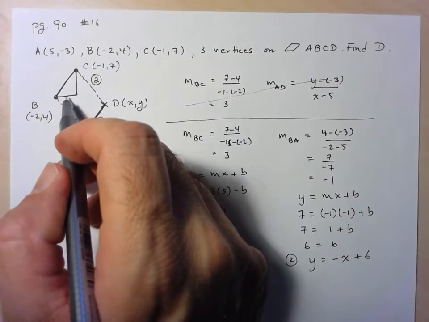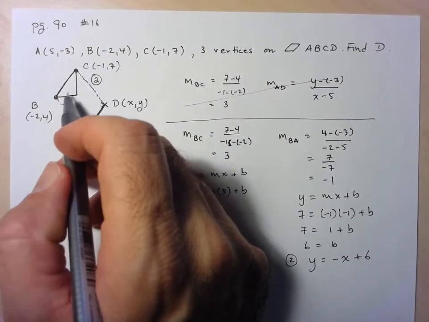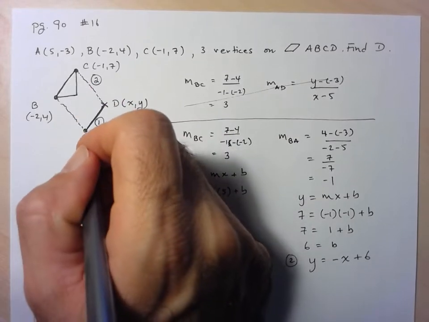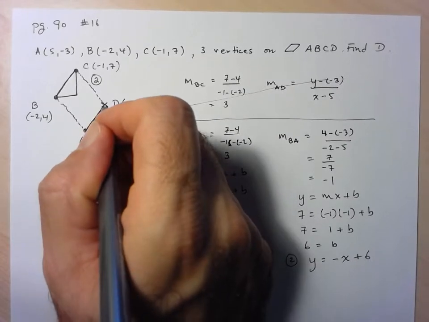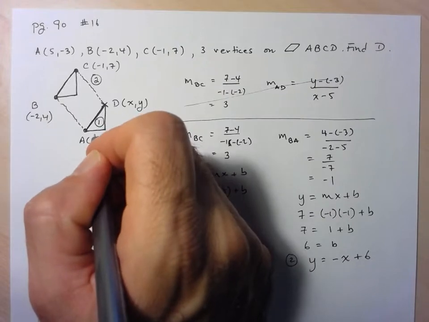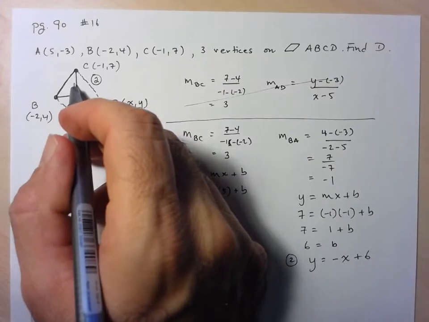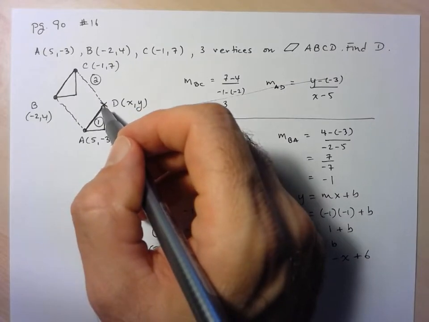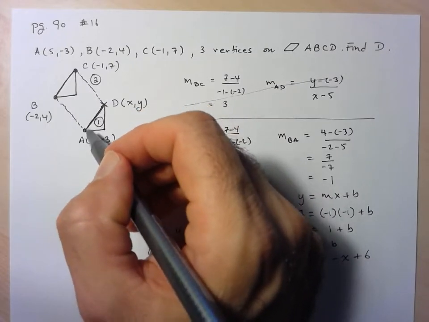Not only does the ratio of these two sides, which is what we find when we find the slope, have to be the same as the ratio between these two sides, the side lengths also have to be the same, because not only do these two sides have the same slope, they're also exactly the same length.